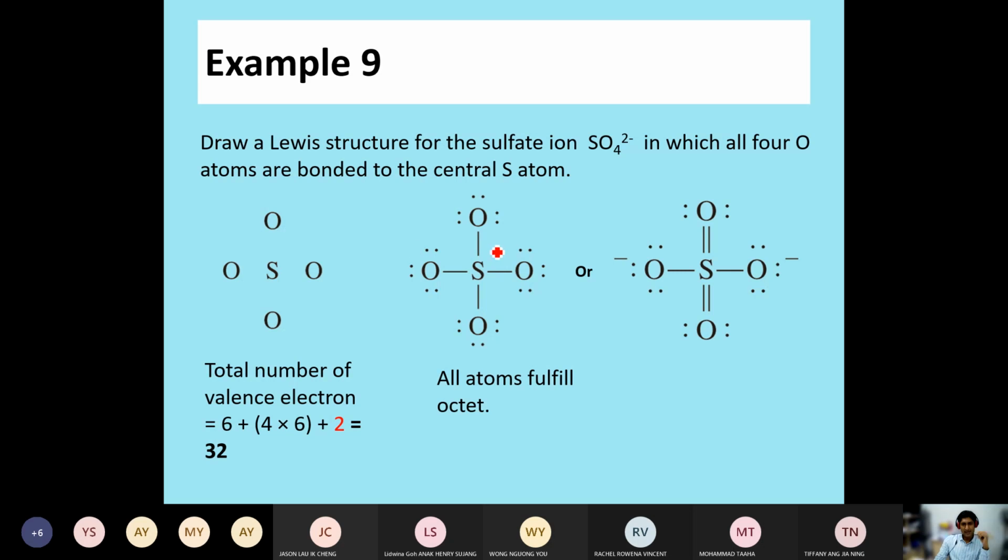But there is another way that we can draw it. We add these 2 electrons, we bring these 2 electrons here to form a bond, because one bond needs 2 electrons, right? So if we bring these 2 electrons here, there will be 1 bond here. If we bring these 2 electrons here, it will be 1 bond here.